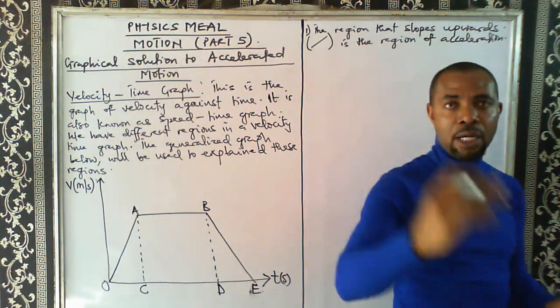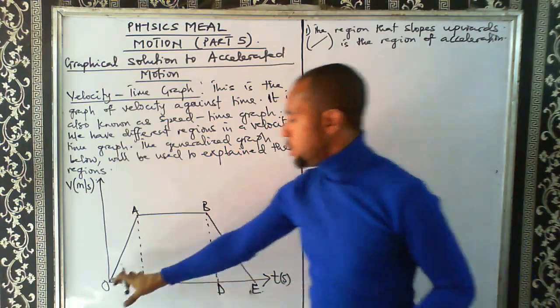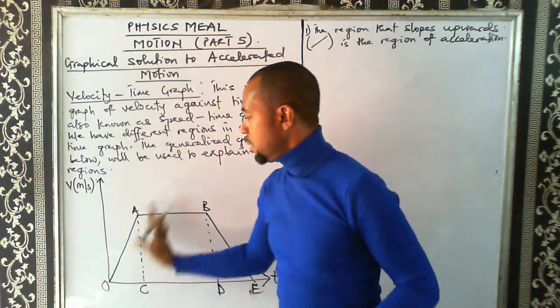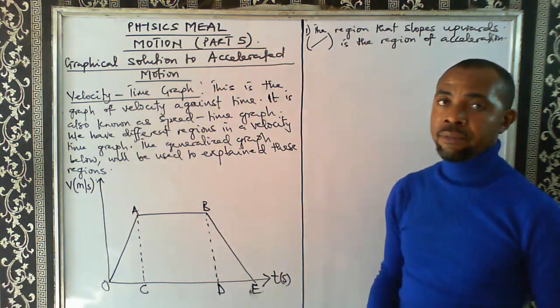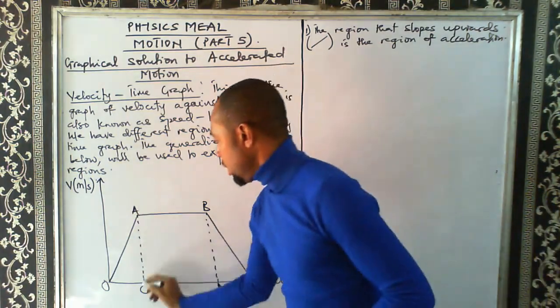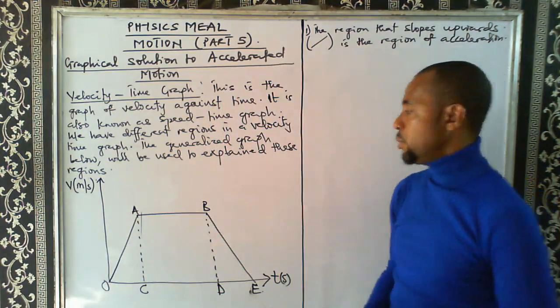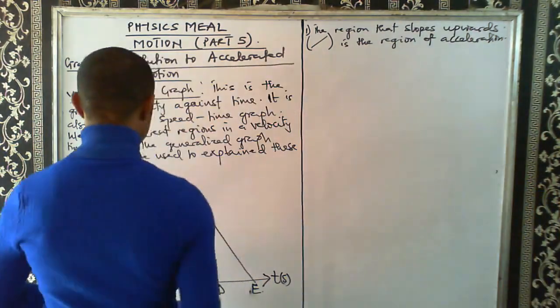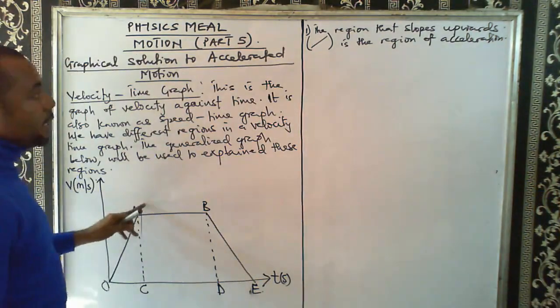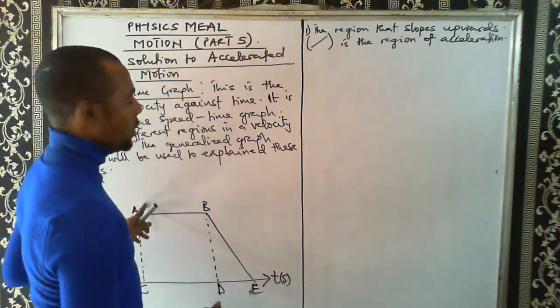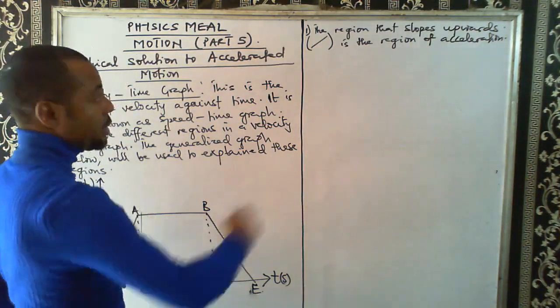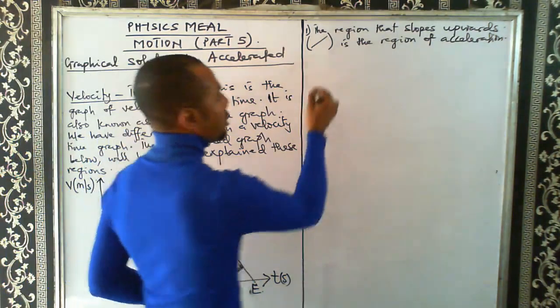Acceleration. These 2 points indicate acceleration. So the region that slopes upwards is what? Acceleration. So in this case, OA is the region of acceleration. So this OA indicates when the body is accelerating.